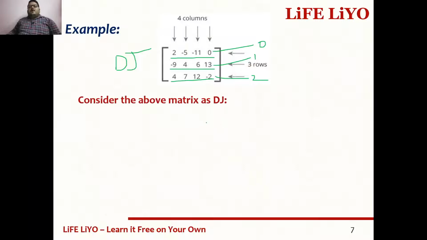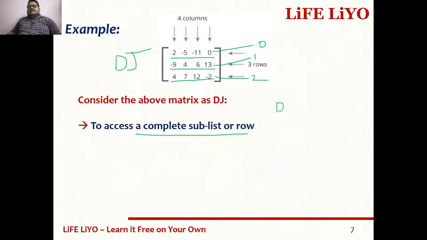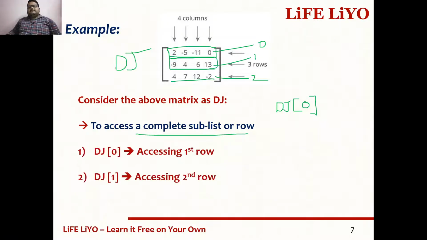Now if I want to access the matrix row-wise, that is, accessing a complete sublist or a row, then I simply write the list name, square braces, followed by the index number. That means dj[0] gives you the entire first sublist, dj[1] gives the entire second sublist, and dj[2] gives the entire third sublist.